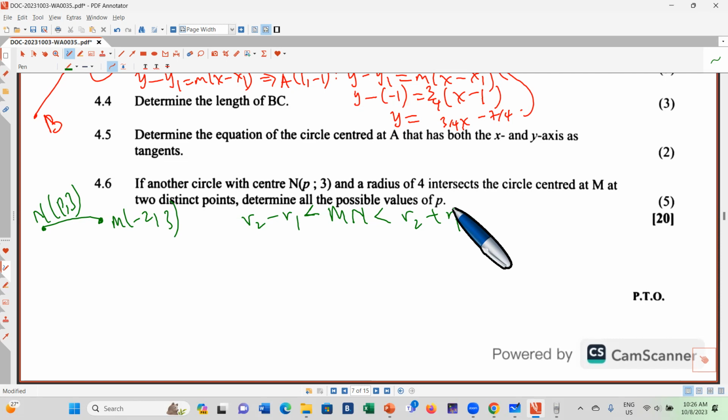Right, so obviously we agree that we have these two circles that are being considered, but also you have the distance between them. If you find the distance here, it will be the same as P plus 2.